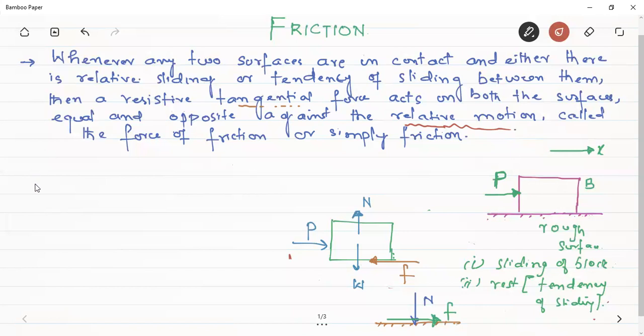One more thing is that in our course, the discussion of friction will be restricted to Coulomb friction. This Coulomb friction is also known as dry friction.